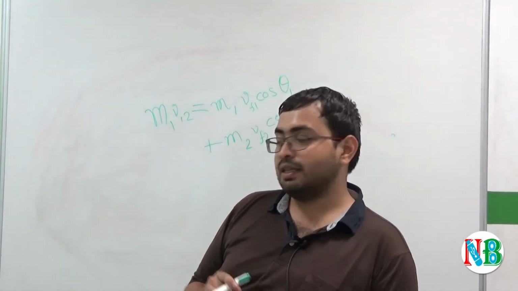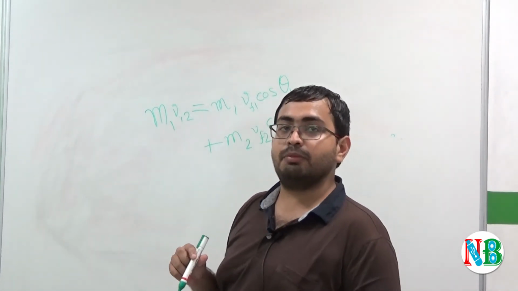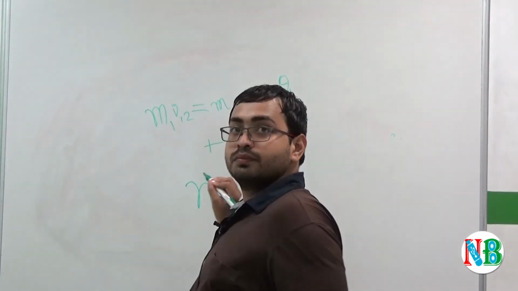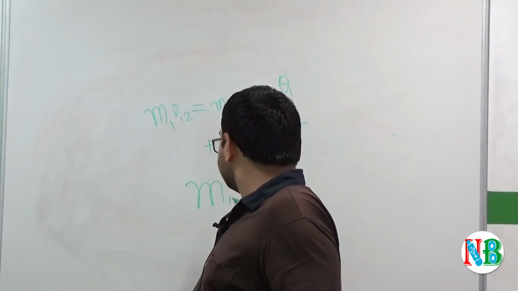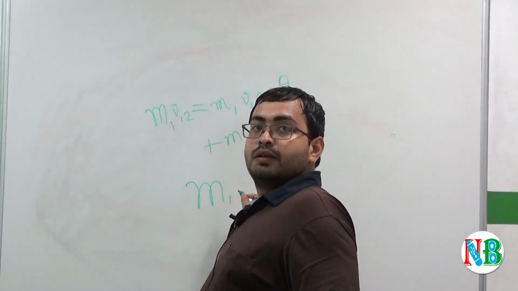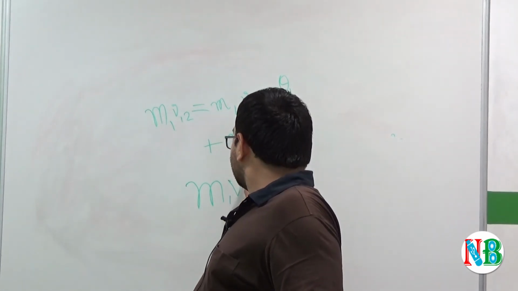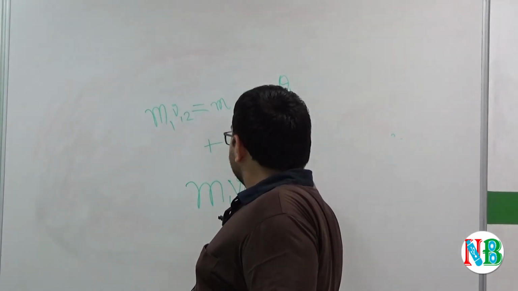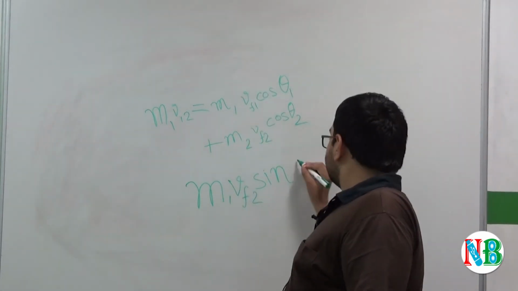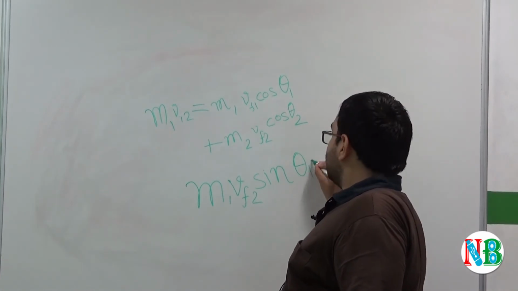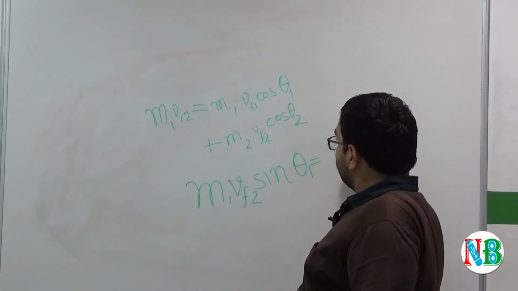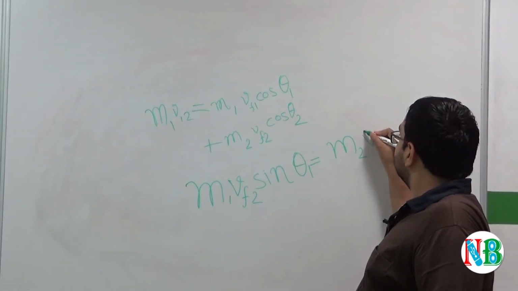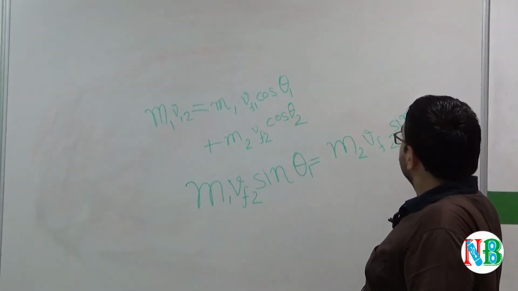So, we can say that the momentum conservation in the y direction gives m1 vf1 sin theta 1 is equal to m2 vf2 sin theta 2.